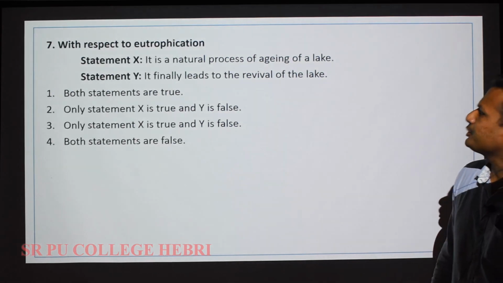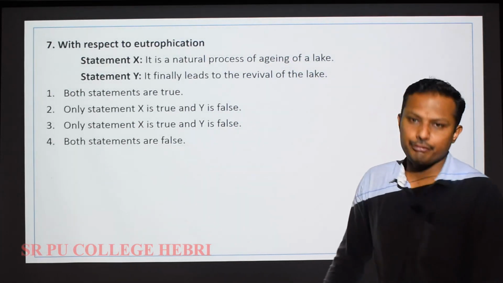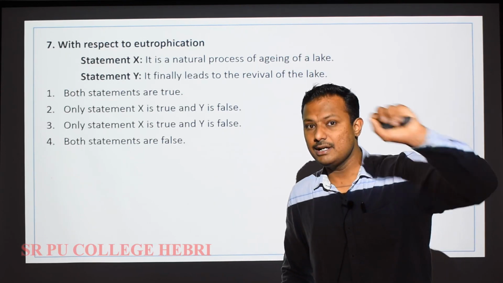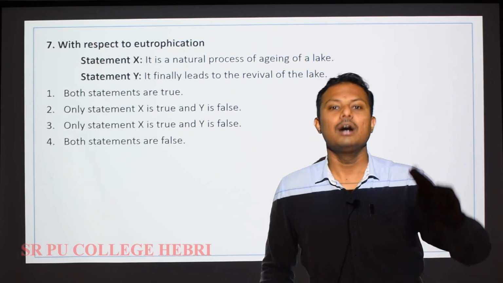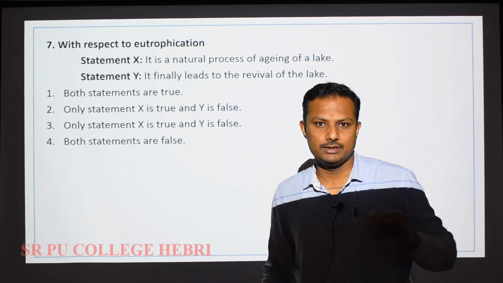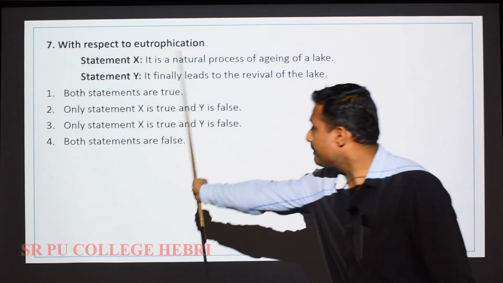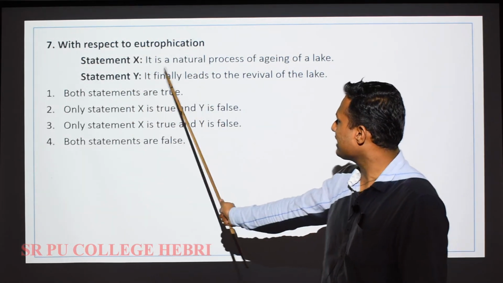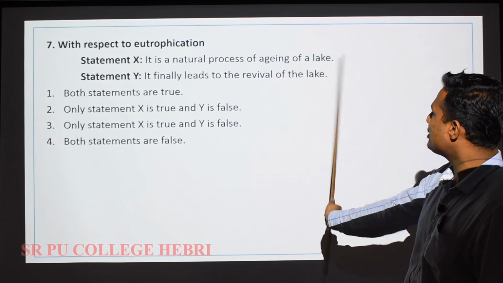Now, seventh one, with respect to eutrophication. When we say eutrophication, what comes to your mind is the natural aging of a lake, or a pond, any freshwater body. So with respect to that, we have to analyze statements X and Y. It is a natural process of aging of a lake.